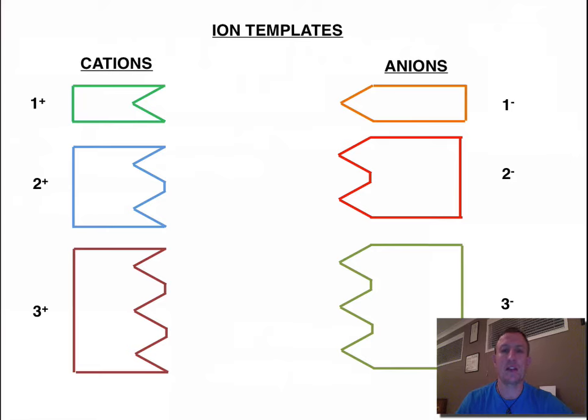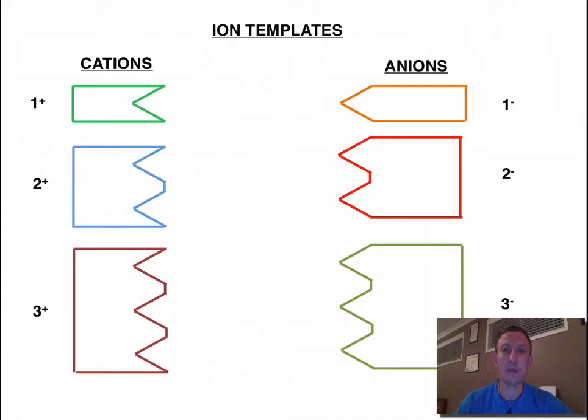For the +1 cation there's one hole. Its corresponding anion has one spike. The cation for 2+ has two holes, which links with its corresponding anion, which has two spikes. And likewise for the 3+ ion, three holes, and the 3- ion, which has three spikes.